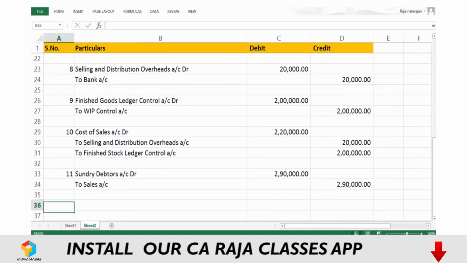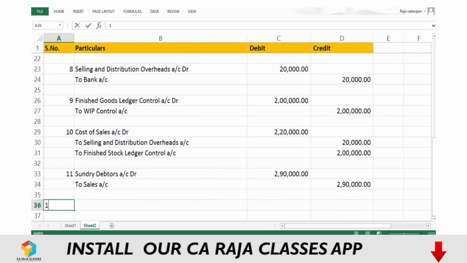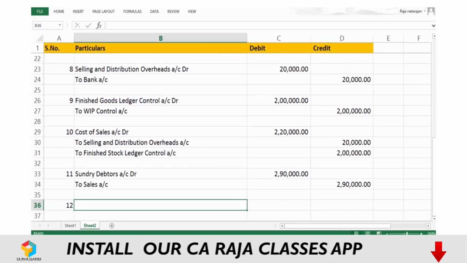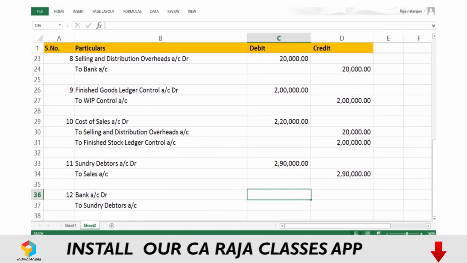Then what are the other items we have? There is no closing stock. There is some receipt from debtors, 69,000. So item number 12, receipt from debtors, we can say bank account debit to sundry debtors account, and the amount involved is 69,000.